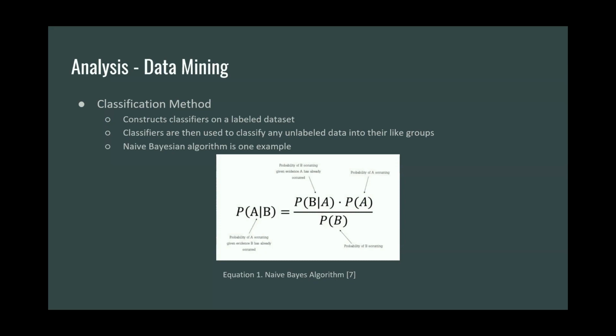For example, if we're dealing with patient data, we train the model to predict if a patient has cancer or not based on a large number of patients with certain attributes. So if a new patient comes with these attributes, we want to predict the likelihood of this patient having cancer or not.